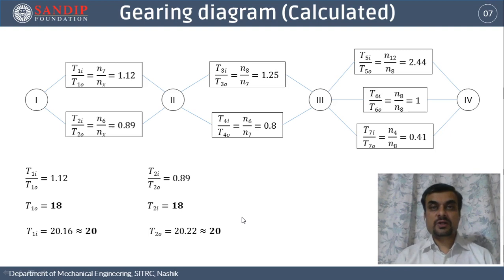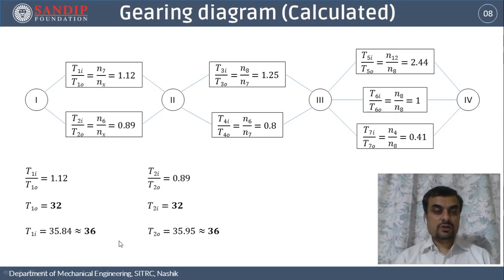And this is a trial and error process, so we have to keep doing it. If we are not yielding proper results with the assumption of 20, we will go for 22, we will go for 24, and so on. I got satisfactory results when I reached a minimum number of teeth of 32.